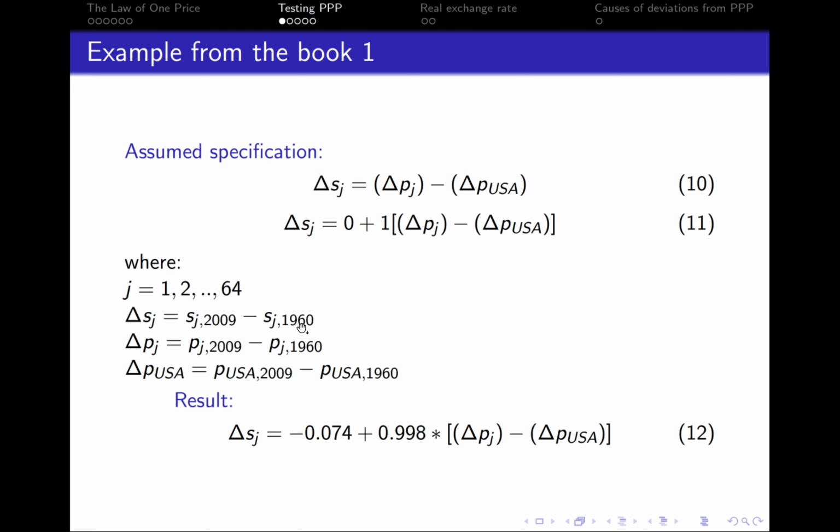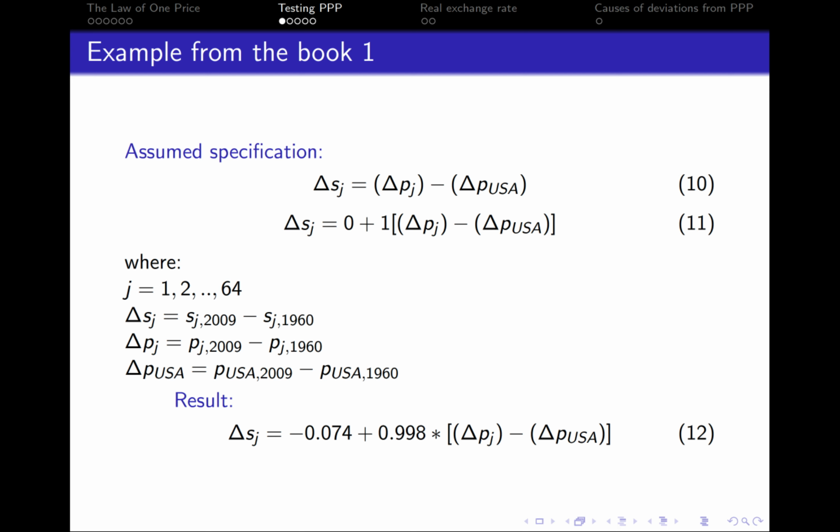year 1960 and 2009. Look, all those exchange rates are against the United States. It doesn't really matter which country we choose, but usually in all databases, exchange rates are shown against one specific currency, but of course from there we can get to any other pair of currencies, but for convenience let's leave it like this.